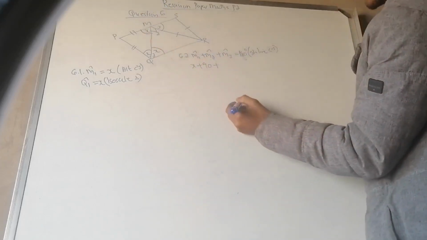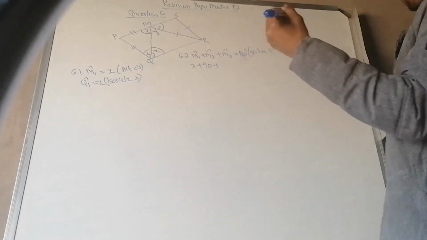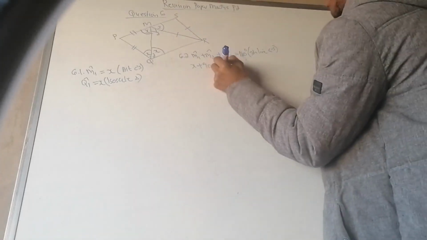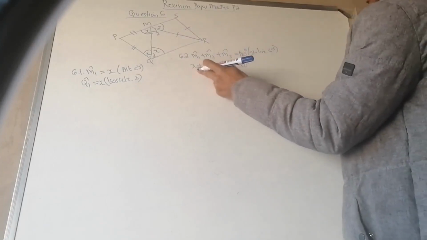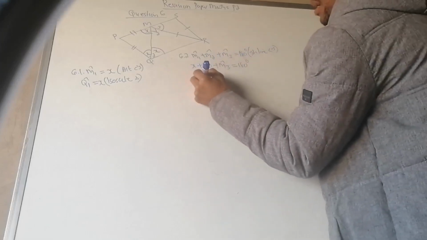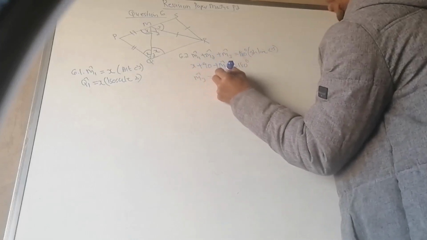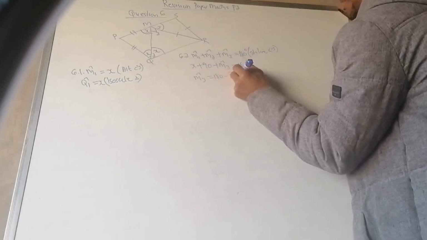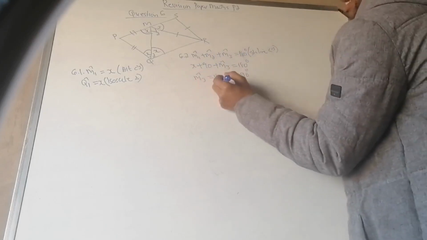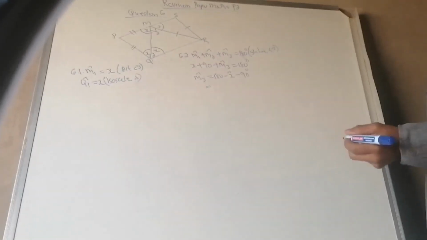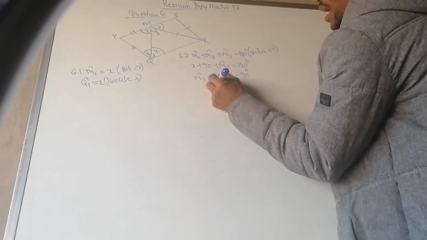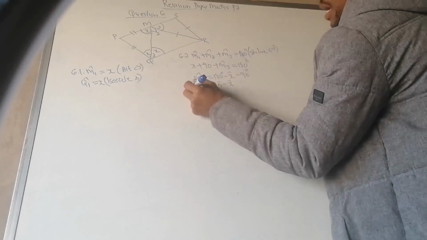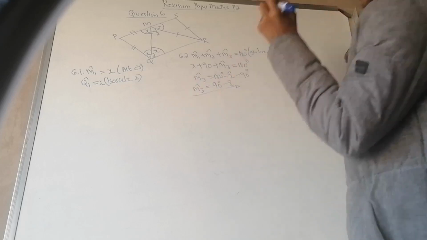Now M3, in terms of X, equals 180 minus angle X minus 90 degrees. That will be 180 minus 90, because they are like terms, or 90 minus X as the value of angle M3.